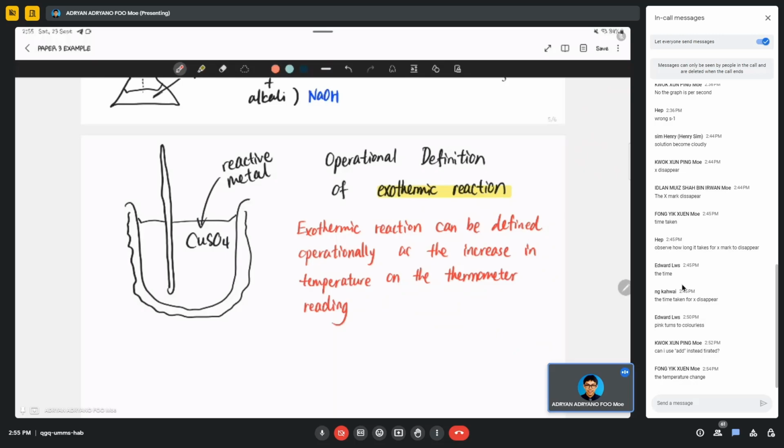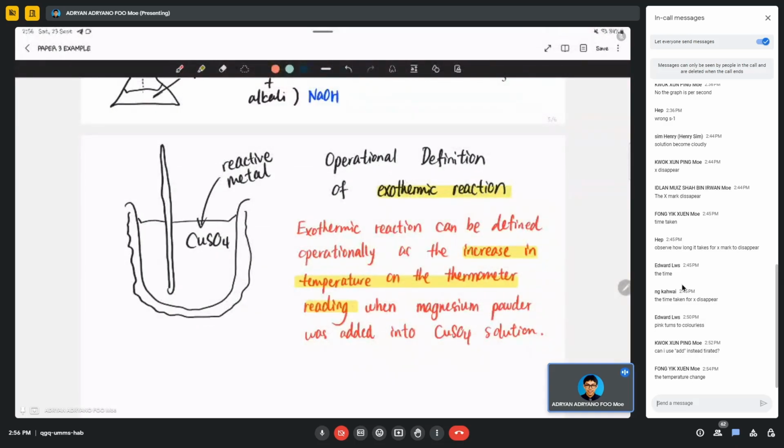What you see, and what you do. When, then you write the reactive metal. For example, magnesium. When magnesium powder was added into copper(II) sulfate solution. See? This one is what I see and what I do. What do I see? I see an increase in temperature on the thermometer reading.